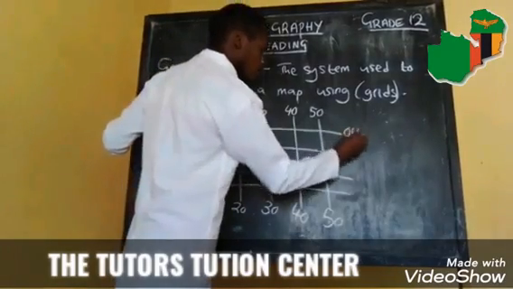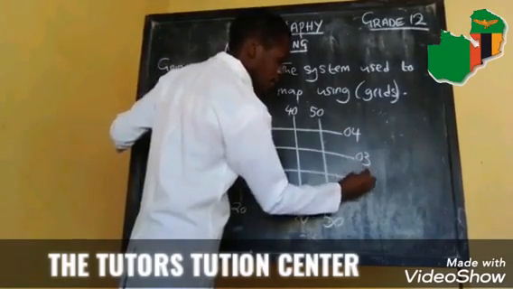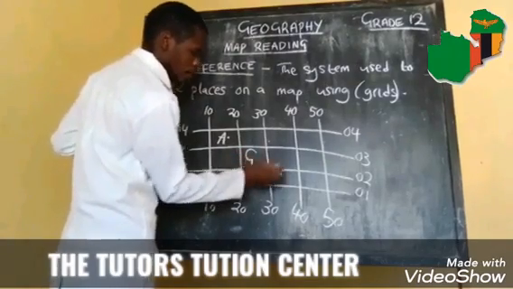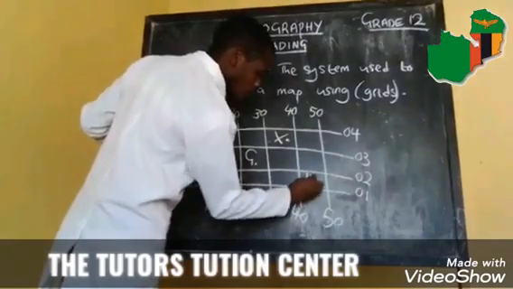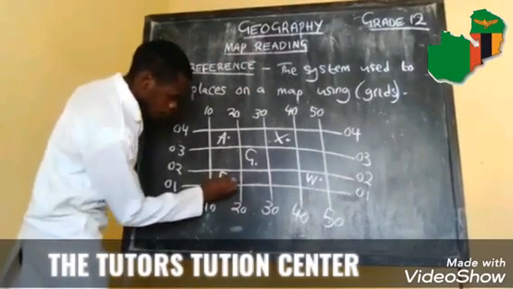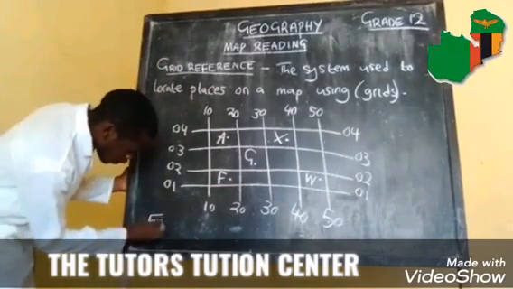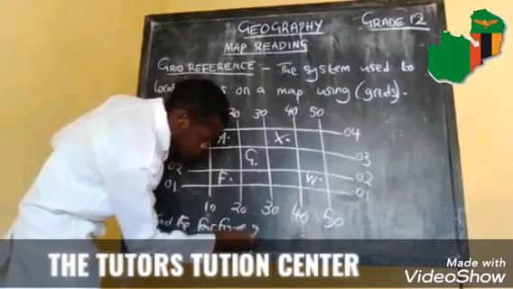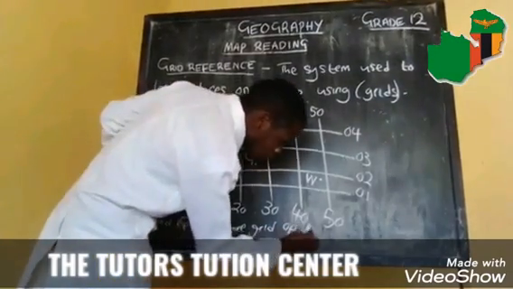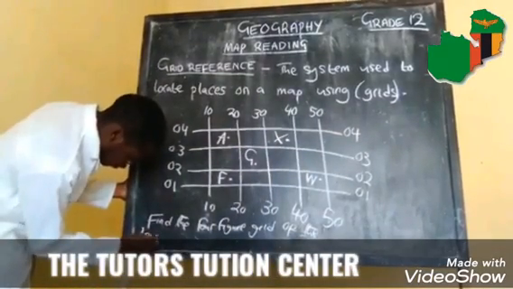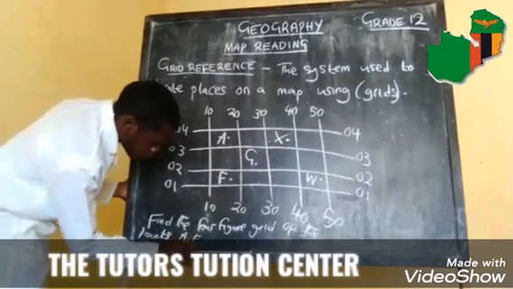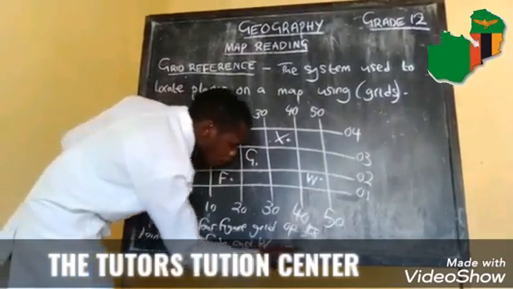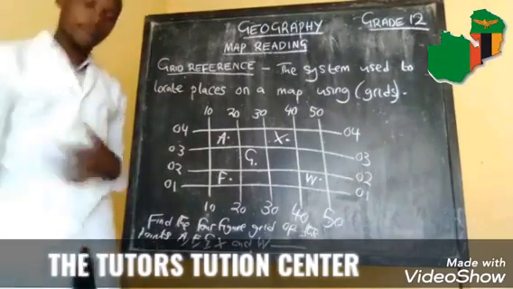Then here we have 04, 03, 02, 01. So we can have a map extract like that one.